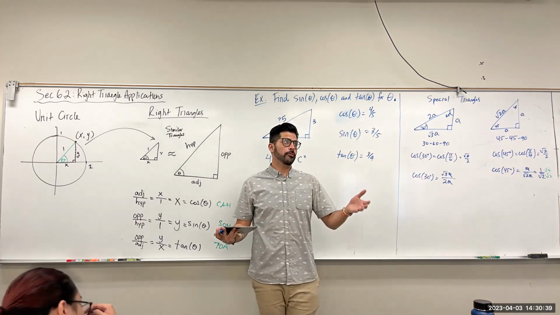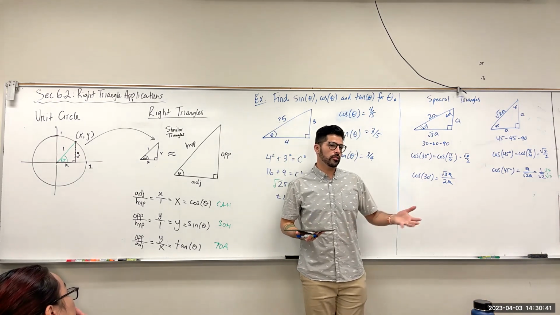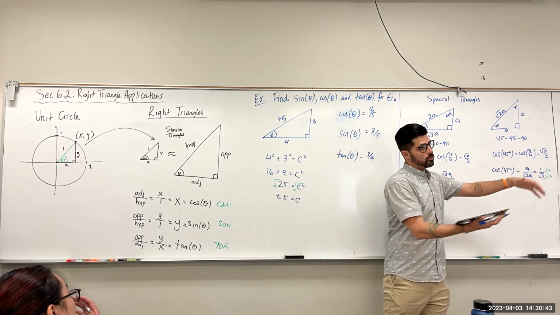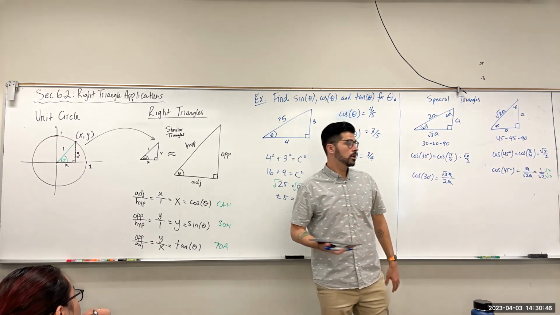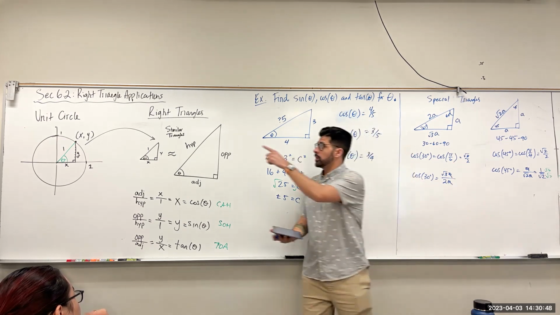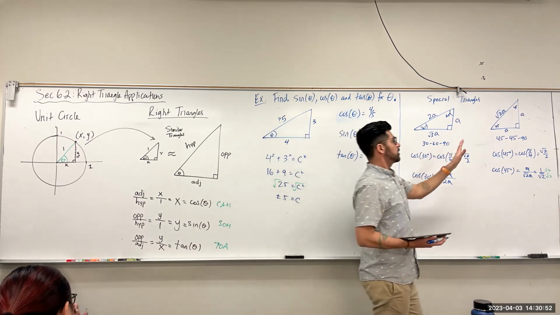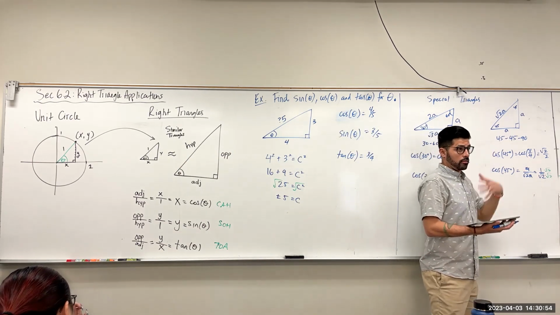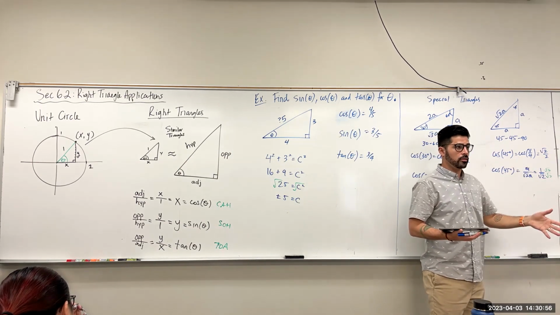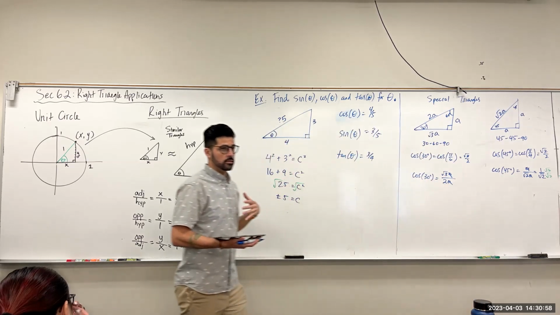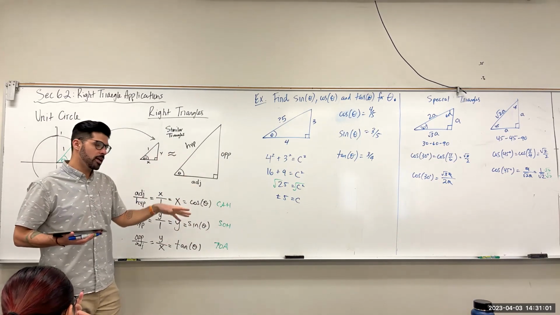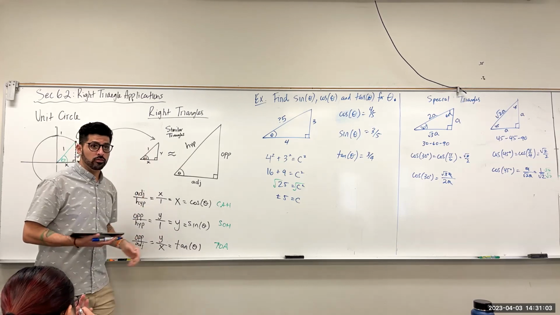So the thing is that with trig, there are two ways to teach it. There's the right triangle approach, and then there's a unit circle approach. But they're all connected through this. These are used for applications because in applications you use triangles a lot. But for calculus, when it comes to functions and domains and all that, the unit circle stuff is used more.